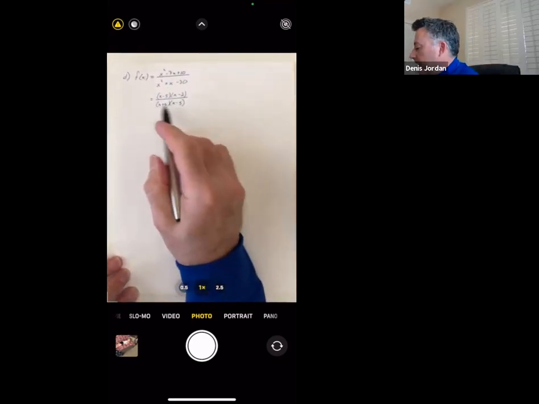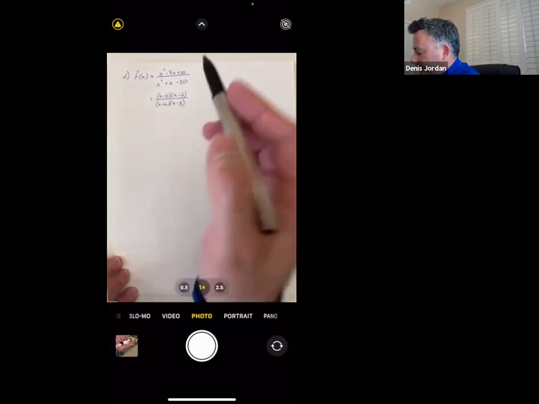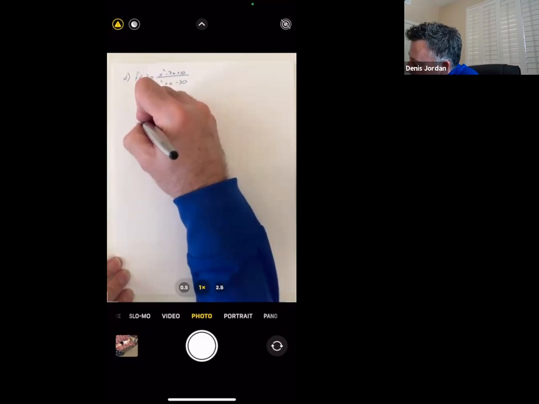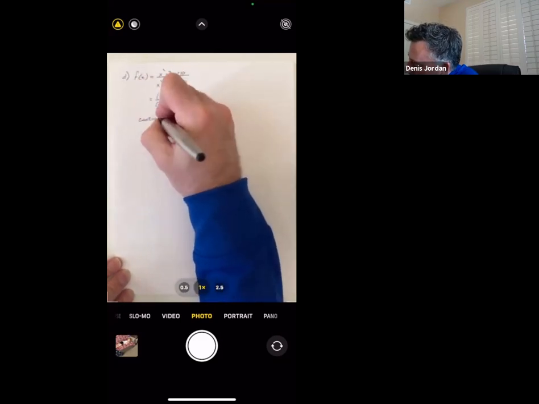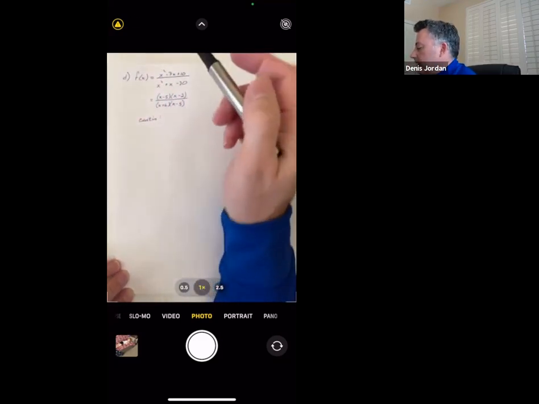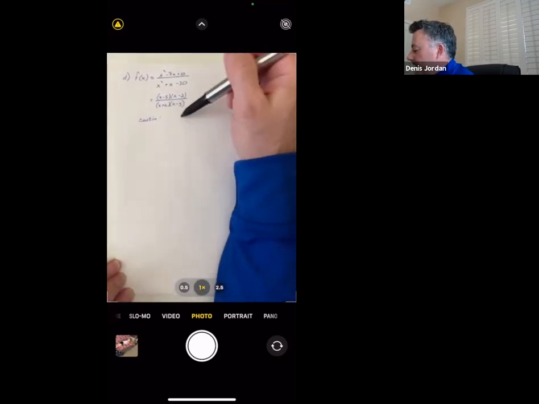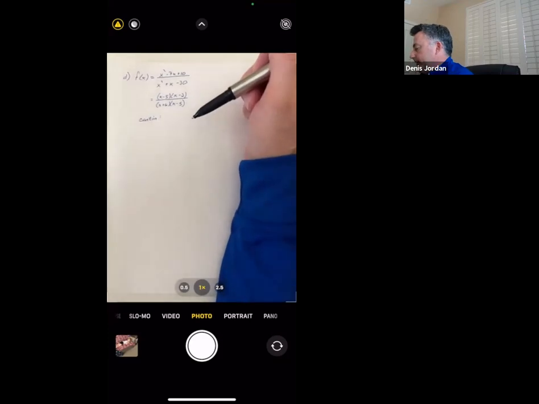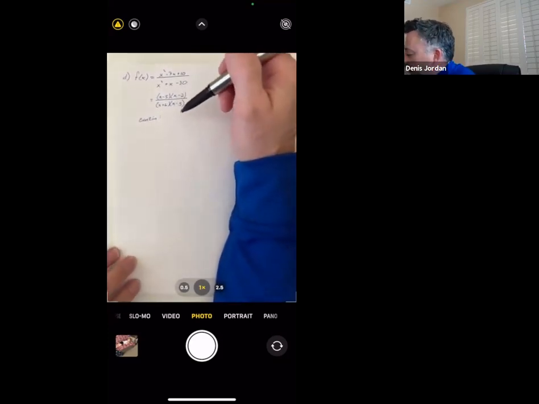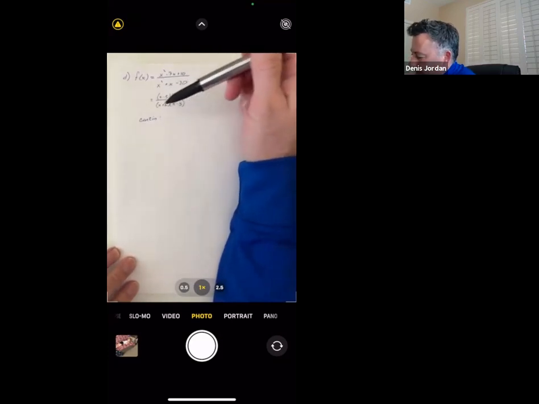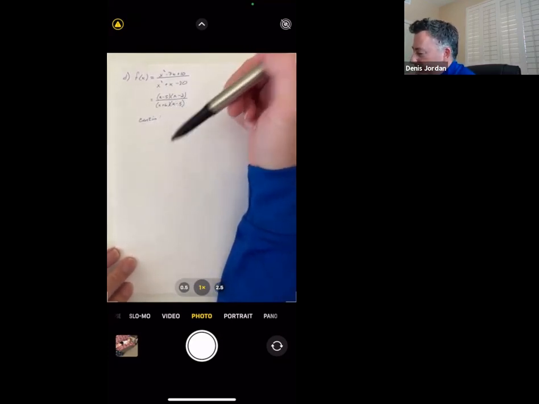Now, once you've factored it, go ahead and get your discontinuity going. And then once you have this down, you can start to simplify it and go from there. But for your continuity, you just want to make sure that you're always getting it from the original function, not the one that's simplified.